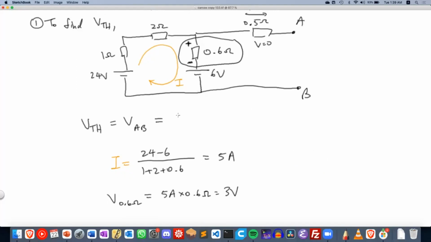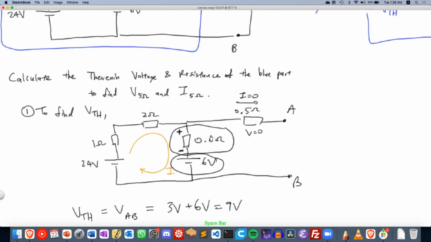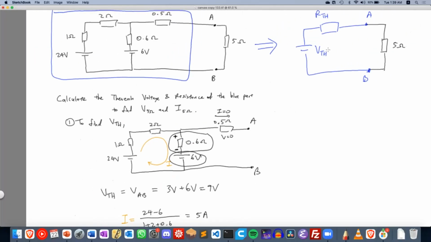So it's going to be 3 volts from here plus 6 volts from here, giving a total of 9 volts. So the Thevenin voltage is hence 9 volts.